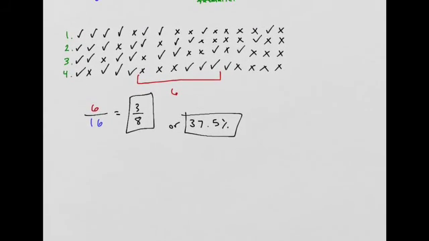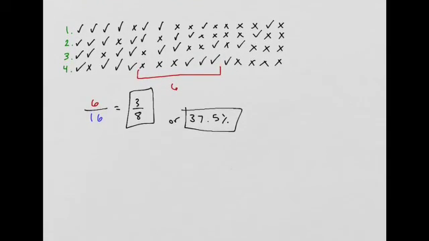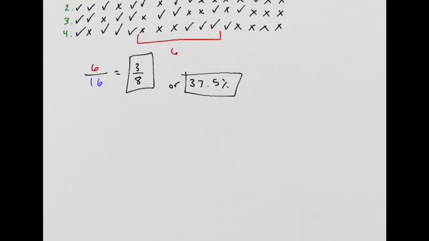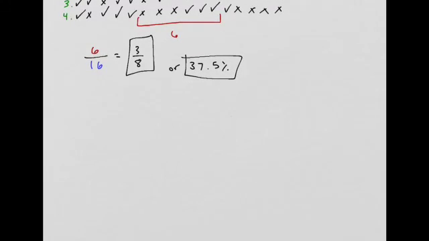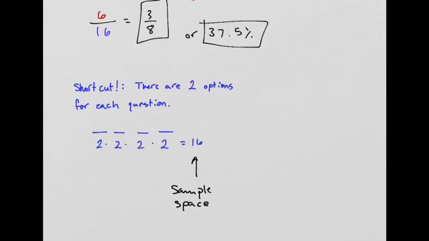Now, we got 16 for the sample space, but there is a shortcut for that. Notice that there are only 2 options for every question. You can either answer true or false, for each of the 4 questions. So if there are 4 questions and 2 options per question, then you have a total of 2 times 2 times 2 times 2, which is 16.